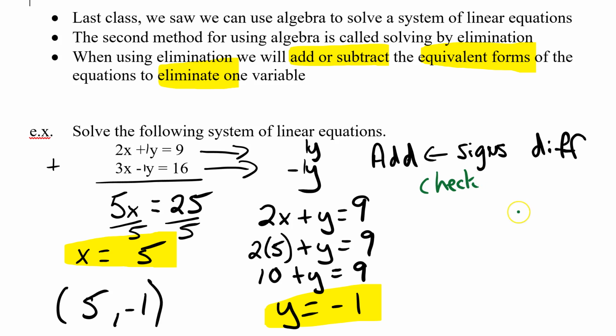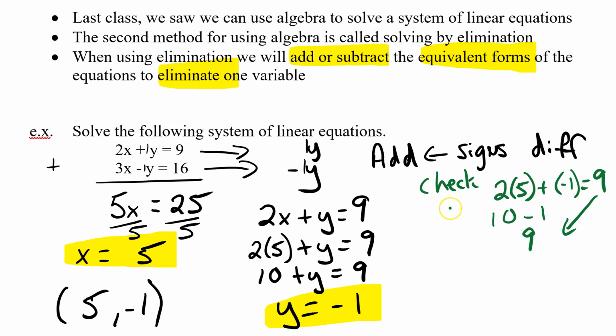I go to the original equation, change my x's to 5 and my y's to negative 1. 2 times 5 plus negative 1 should equal 9. So this is 10 minus 1. 10 minus 1 is 9. Bring it down. Yes, I got a good check for the first equation.